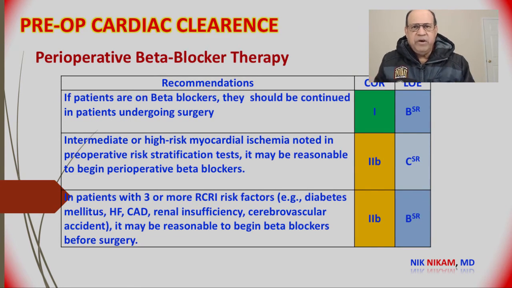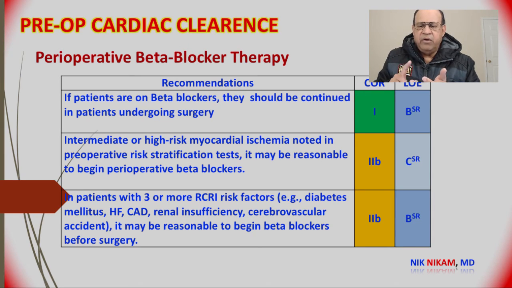Now let's talk about some of the cardiovascular drugs and what we do with them. Beta blockers. The majority of the patients in cardiology practice are on beta blockers, either for control of hypertension, for rate control in patients with atrial fibrillation, or for congestive heart failure.